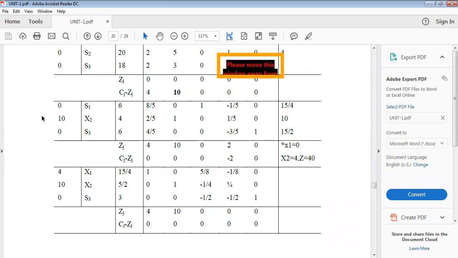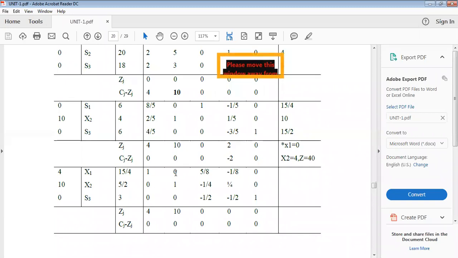With respect to this, row 2 is equal to old R2 minus 1 into new R1. And similarly, row 3 is equal to old row 3 minus 5 by 4 into this new row 1. Like this he has carried out.